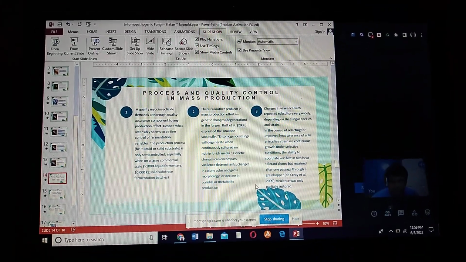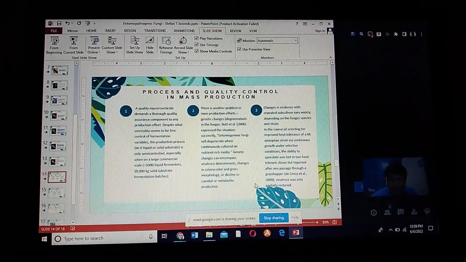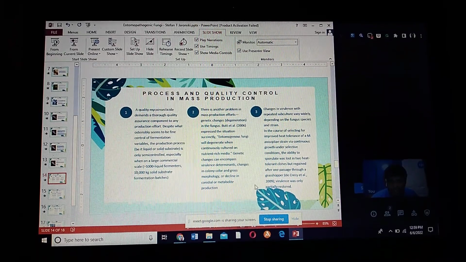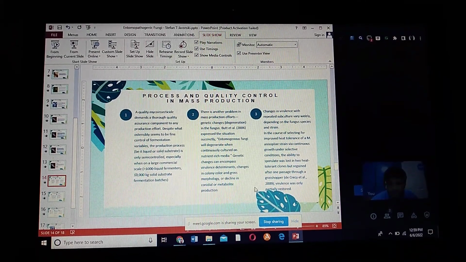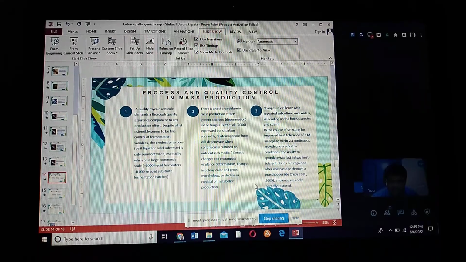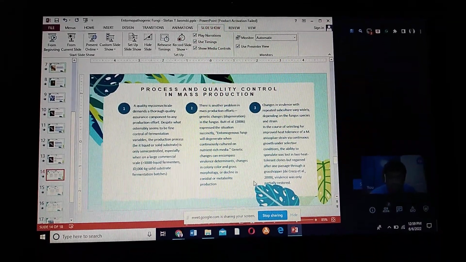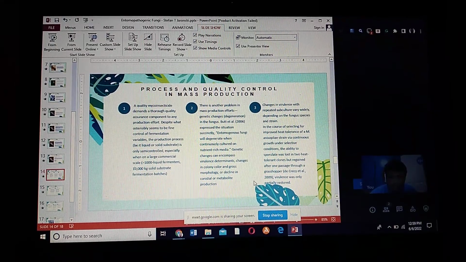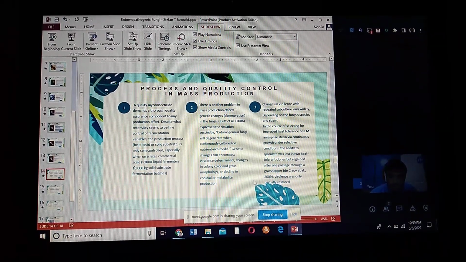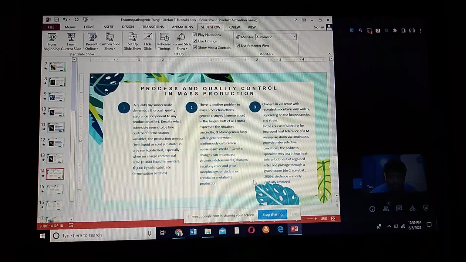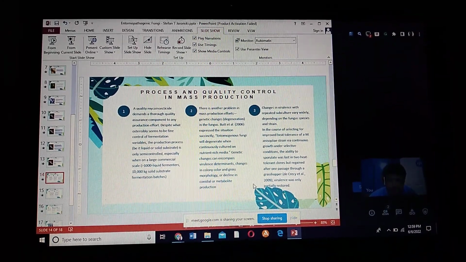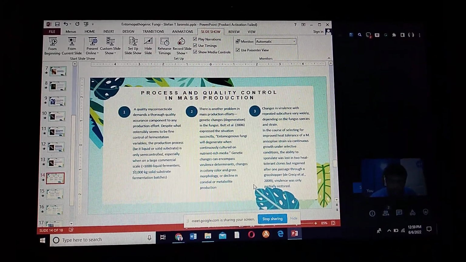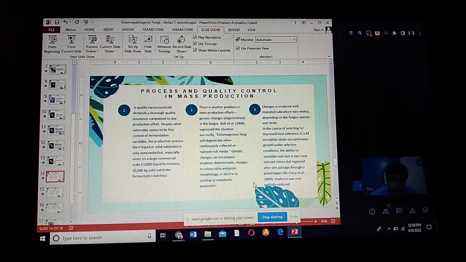Despite what ostensibly seems to be fine control of fermentation variables, the production process is only semi-controlled, especially on a large commercial scale. The second problem in mass production efforts is genetic changes in the fungus. Entomogenous fungi will degenerate when continuously cultured on nutrient-rich media.